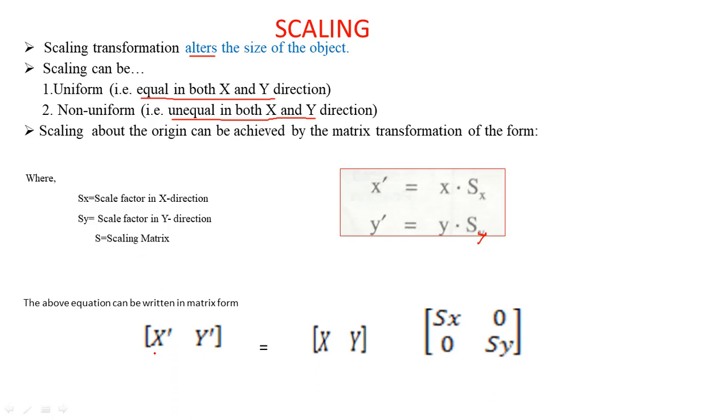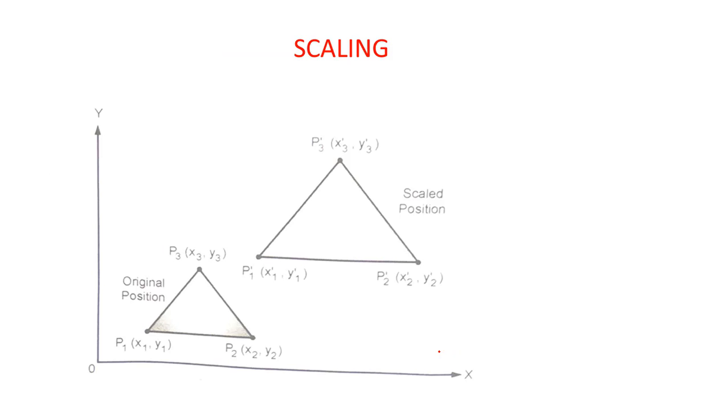The above equation can be written in matrix form: x dash y dash is equal to x y into sx 0 0 sy. This is the scaling matrix. This is an example of scaling. This is the x-axis, y-axis, and here is the origin. This is the original position, or you can say initial position, having coordinates p1, p2, p3.